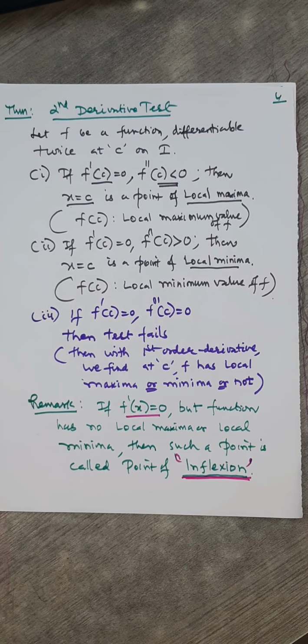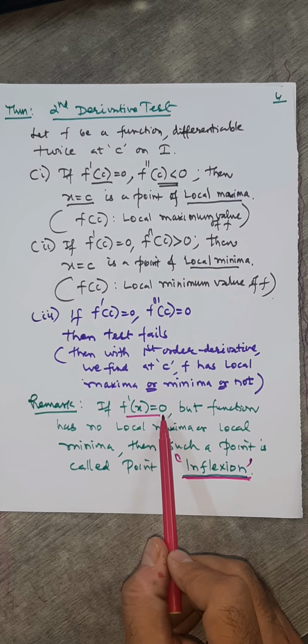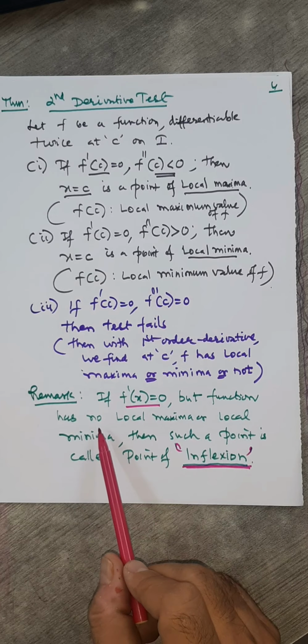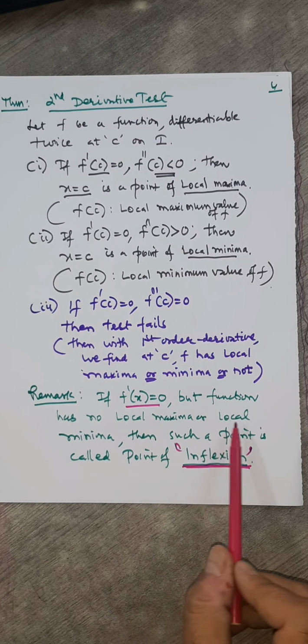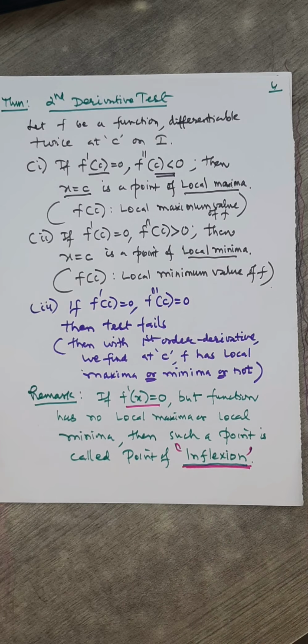Normally what we have in our mind is, if the first order derivative is 0, then the function must have either a local maximum value or a local minimum. But sometimes it's quite possible that even when the first order derivative is 0, the function still has no local maxima or local minima. Such a point is known as a point of inflection.